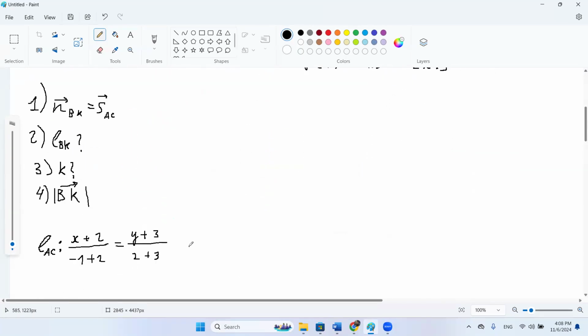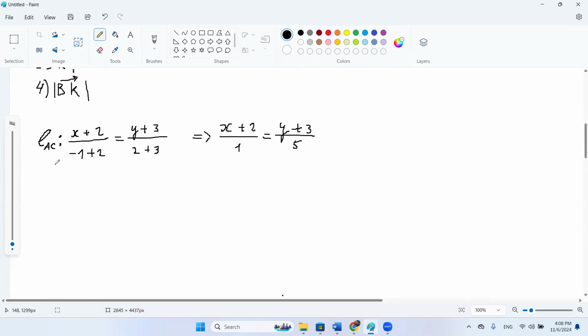Let's simplify it, of course, for better understanding, just to find the direction vector. So (x plus 2) divided by 1 equals (y plus 3) divided by 5. So the direction vector of AC equals (1, 5), and it is the normal vector of BK.